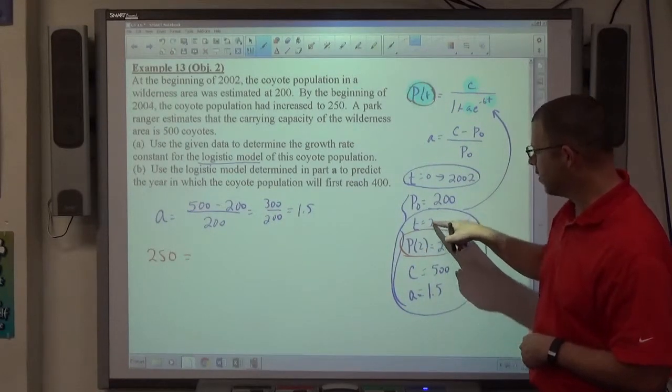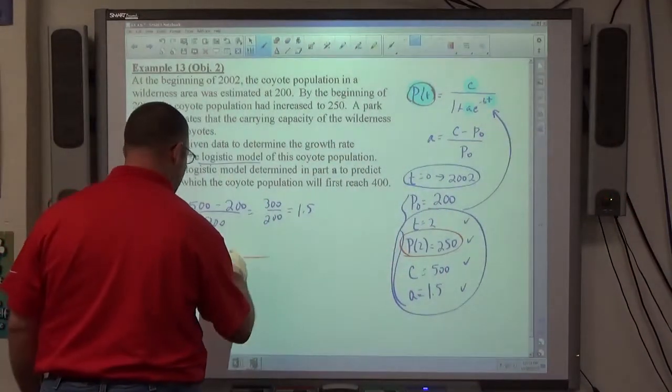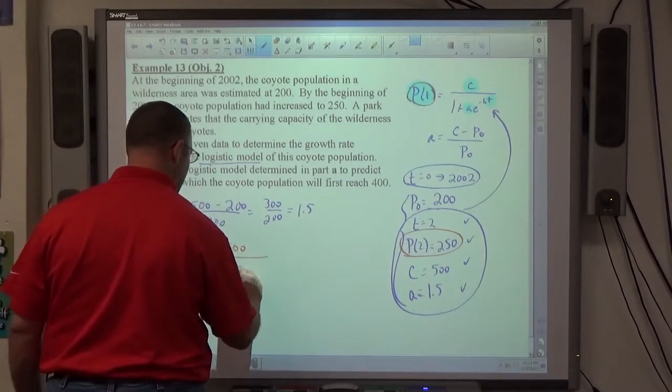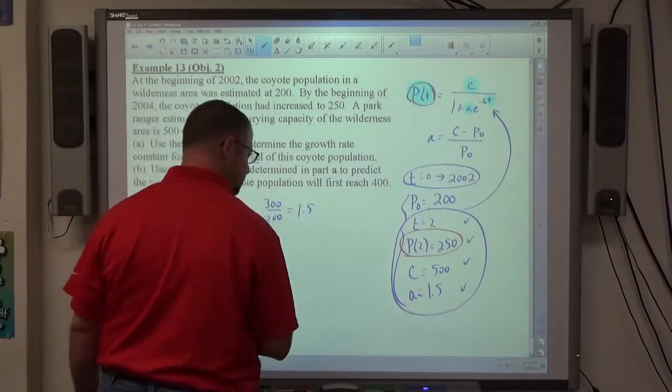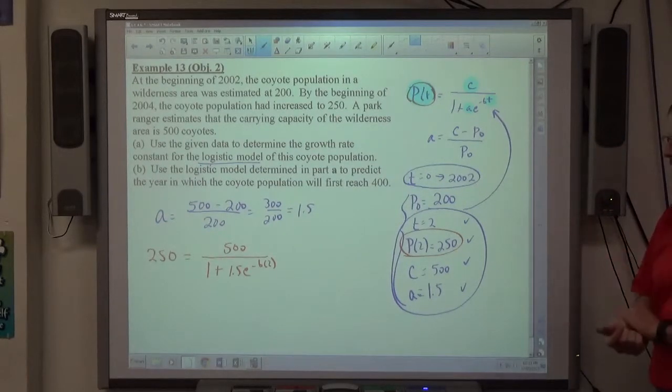So 250 is P of T. The carrying capacity, as we said, is 500. That's going to go over 1 plus 1.5 e to the negative b times 2. Just putting 250 where P of T was, putting 500 where C was, putting 1.5 where A was, putting 2 where T was. And that creates this equation here that has this structure.